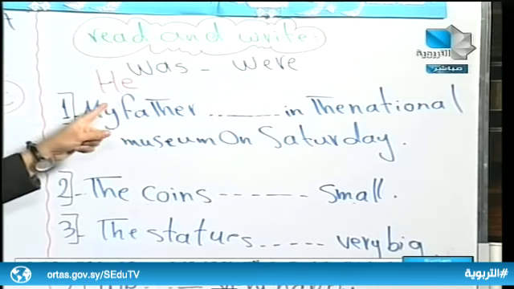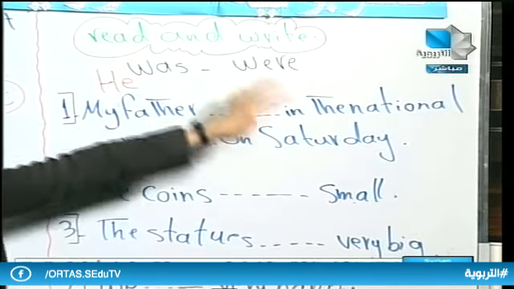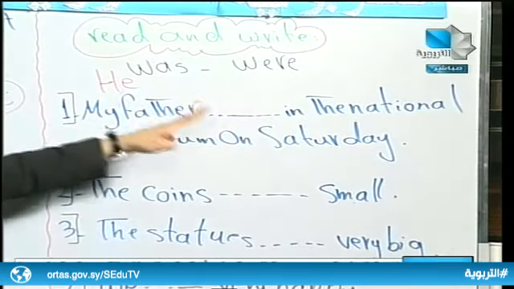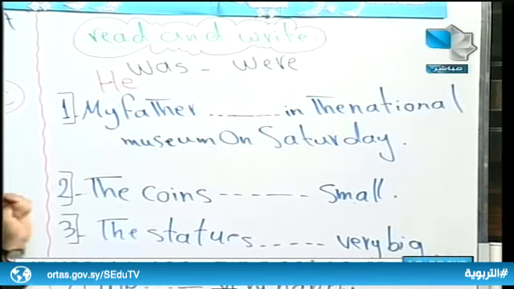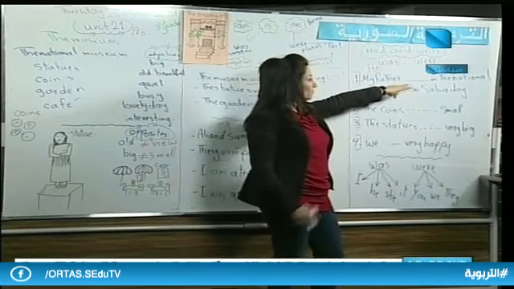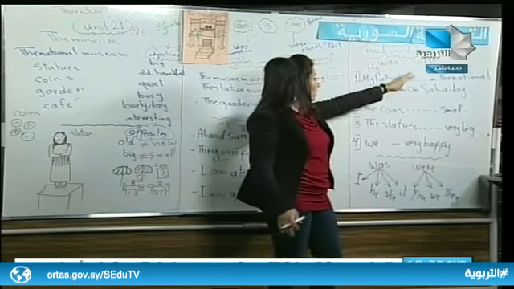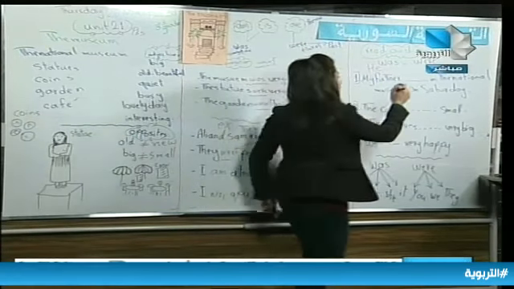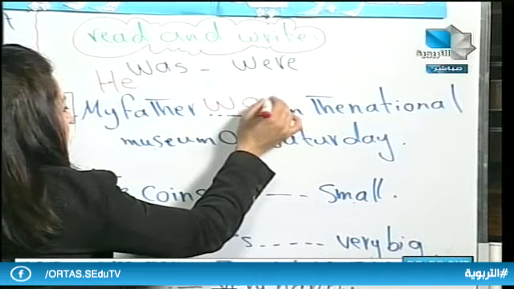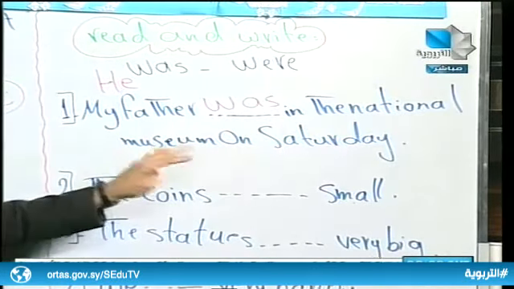And we talked in the past, so we can say was or were. What should we put here? Okay? Were? No, we can't say were. My father is singular, so we have to say was. My father was in the National Museum on Saturday.